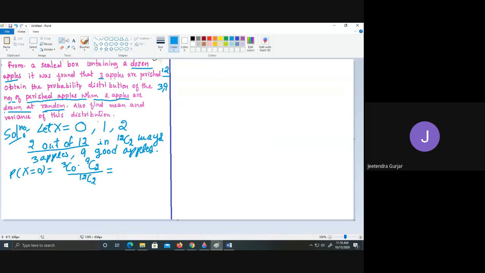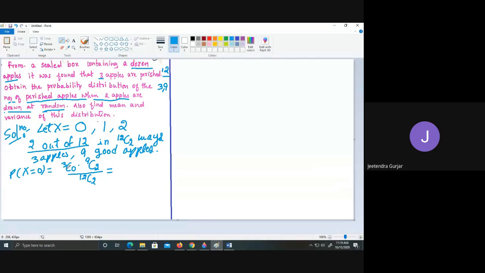Okay. Kalyani, I think you have a calculator. Yes, sir. Just substitute these values in the calculator and please tell me the answer. See, directly I will show you: 3C0, I will give the value. It is 1 because there is 1 way to take 0 perished apples.